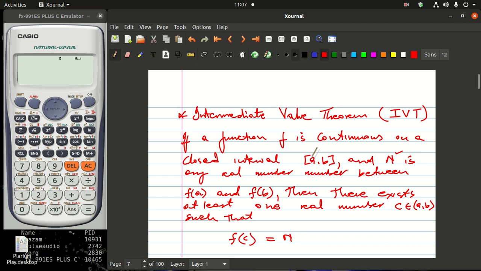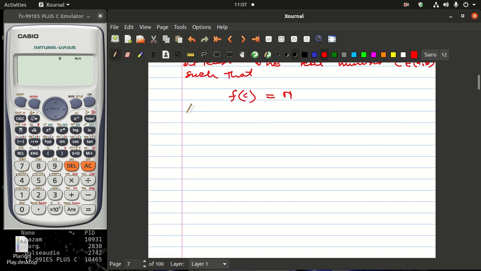Let me try and explain here. I'm going to use a blue to illustrate. Suppose I have a function here, and this function of mine is continuous. In other words, it is continuous between this value a and this value b. So x is equal to a and b.